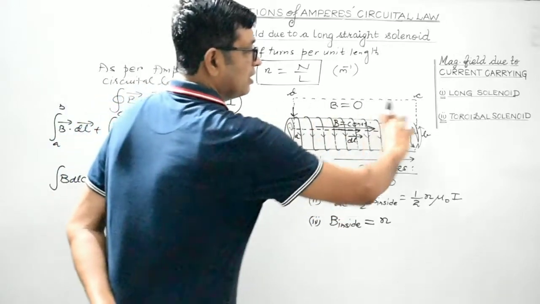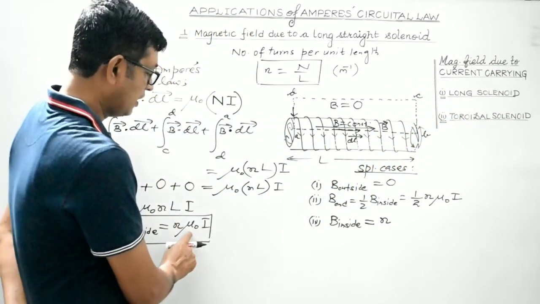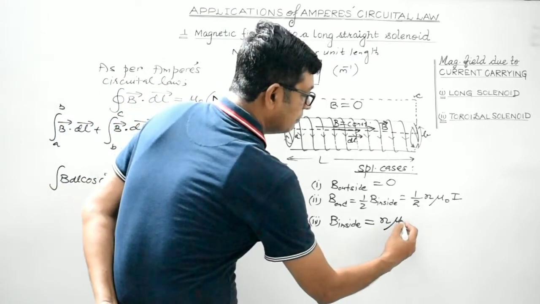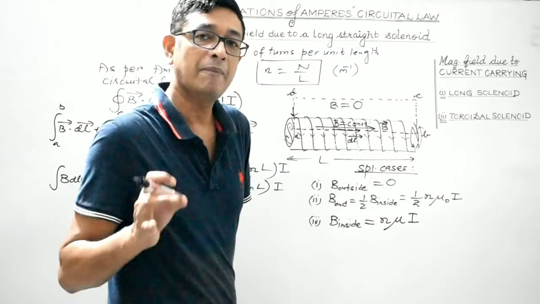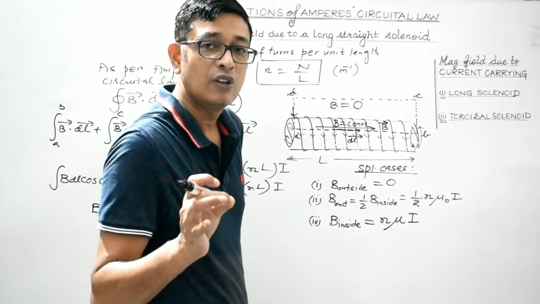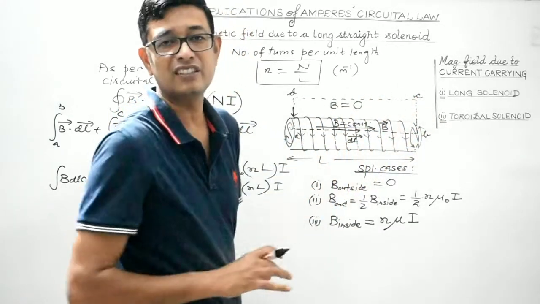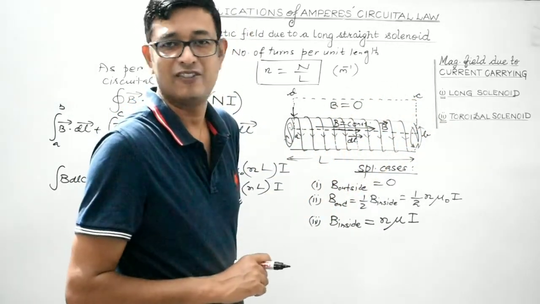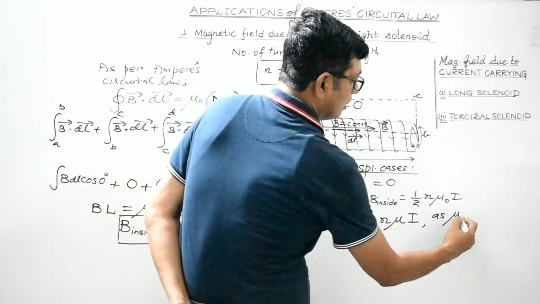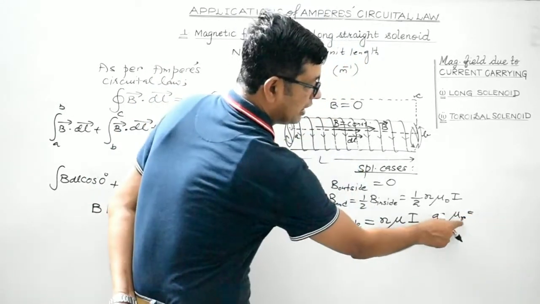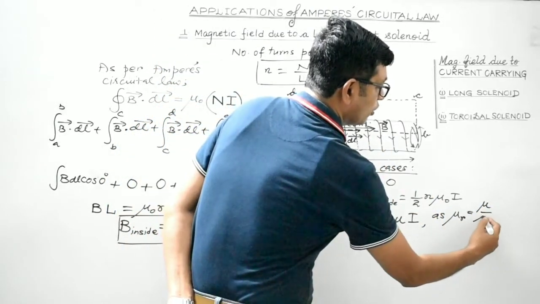Now when a rod of material having permeability mu is inserted, then instead of mu naught we will write mu here. Mu is the absolute permeability of the material of the rod inserted as a core, right?